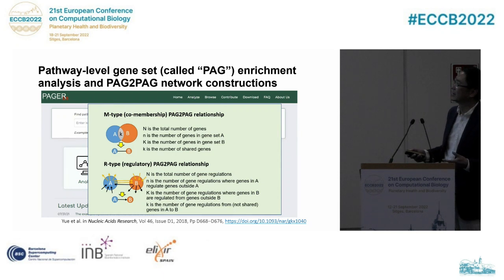PAGER is a compilation of all the gene sets, pathways, and network modules. And one thing that we did uniquely from others, like MSigDB, is that we have this co-membership-based PAG-to-PAG relationship. And then we also have the R-type PAG-to-PAG relationship.